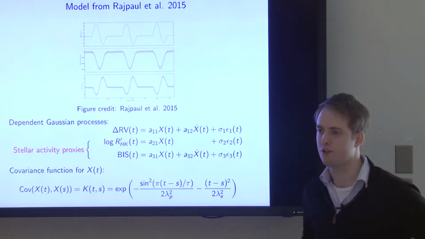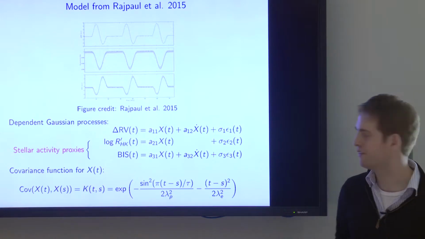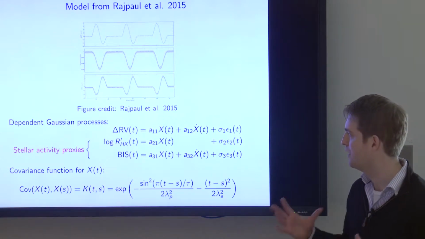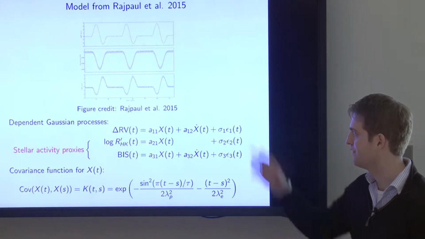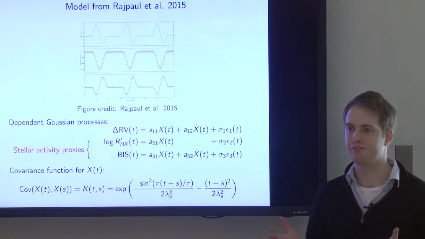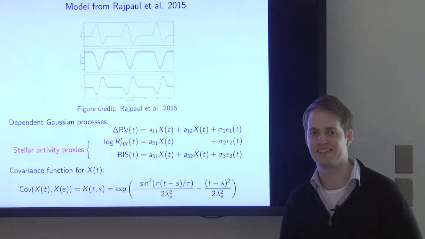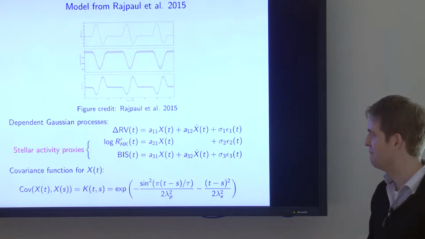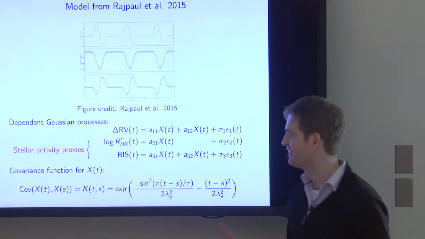I guess people don't use the derivative very often, so that's a slightly different feature of this model. They have some kind of vague physical argument for why they should include that. But it seems to work reasonably well.